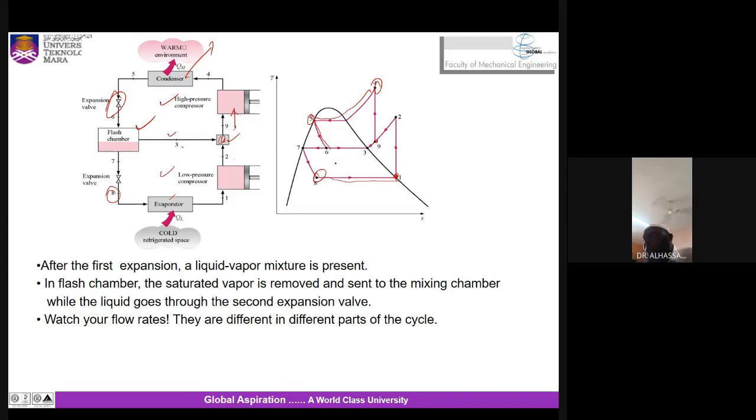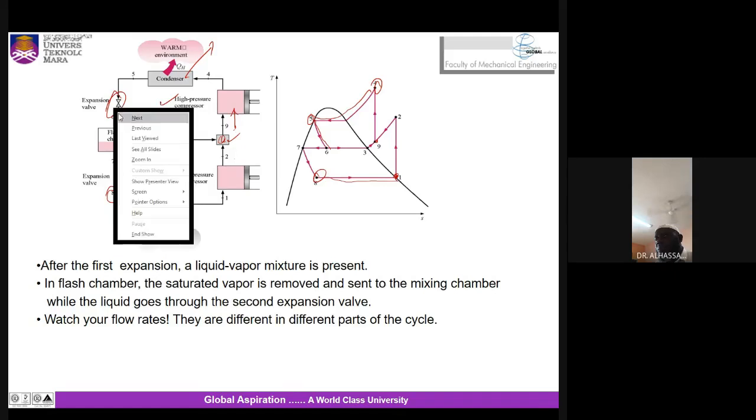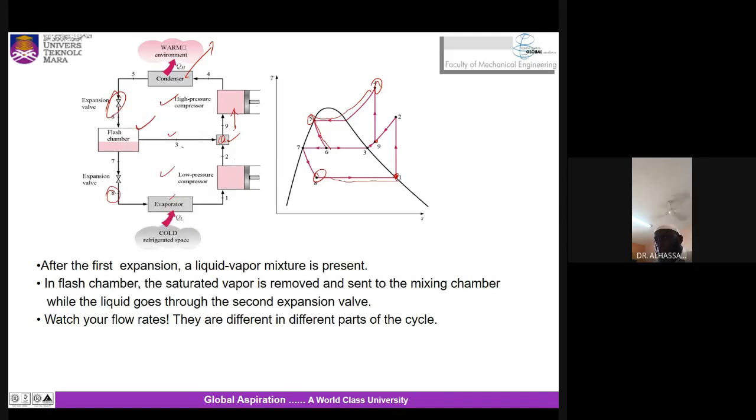But at state 6, the fluid that enters is a saturated liquid-vapor mixture. So the liquid goes to state 7 and the vapor goes to state 3. You understand me? That's the significance of this particular mixing chamber.